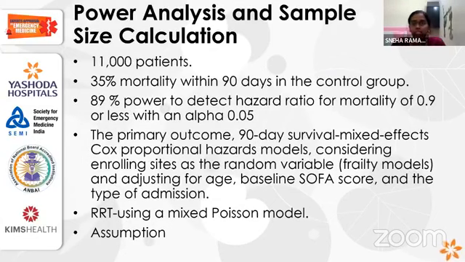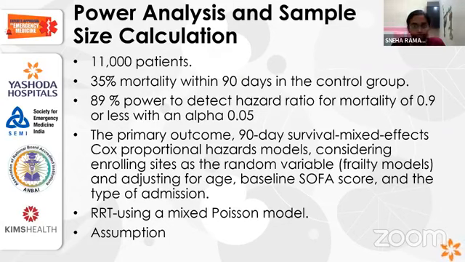For the power analysis and sample size calculation, they assumed 35% mortality within 90 days in the control group, and thus calculated a sample size of 11,000, giving 89% power to detect a hazard ratio for mortality of 0.9 or less with an alpha of 0.05.